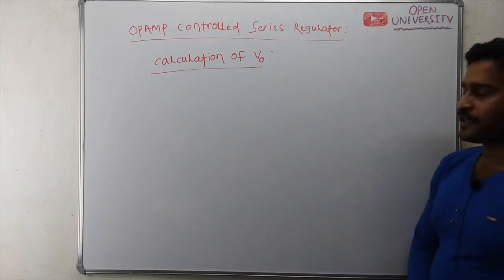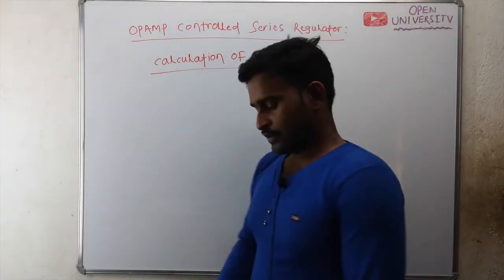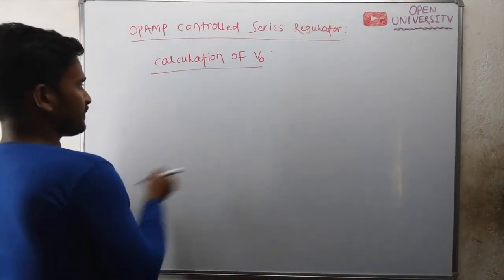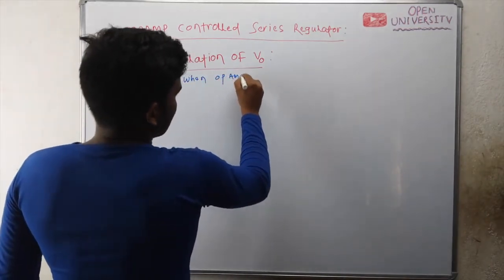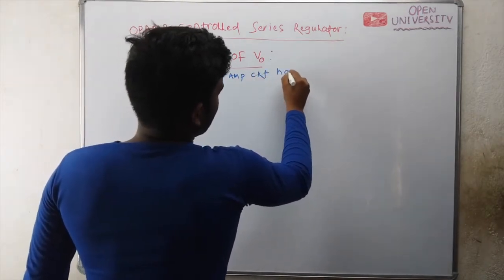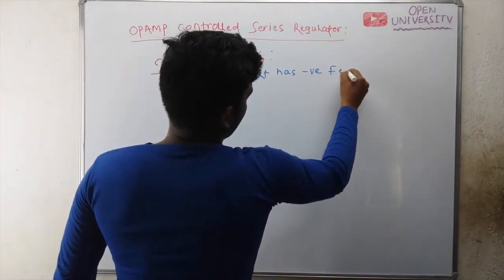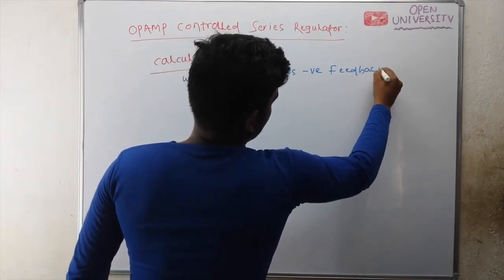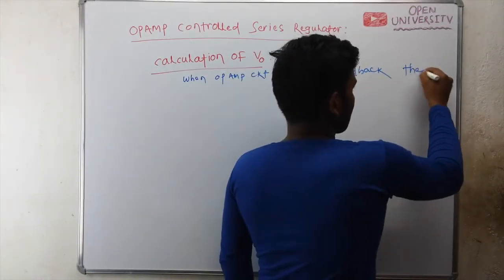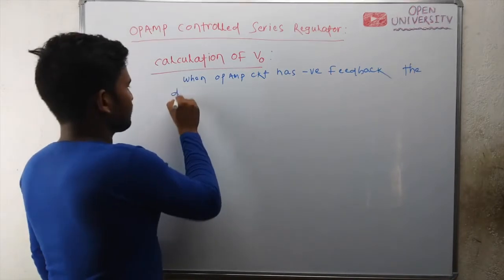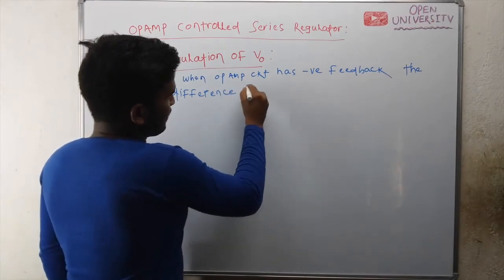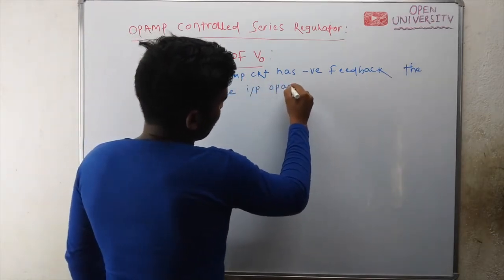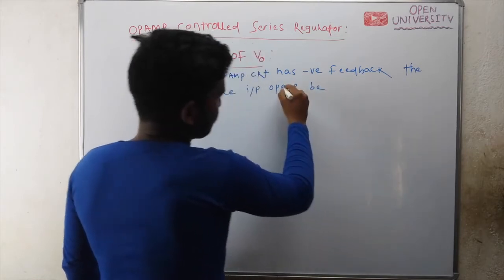When an op-amp circuit has negative feedback, the difference input to the op-amp becomes approximately zero.